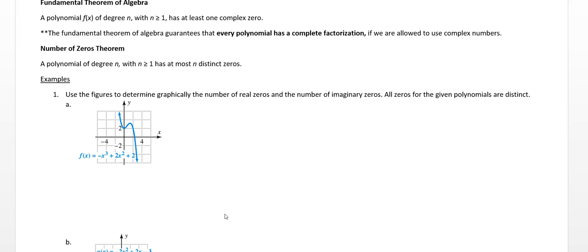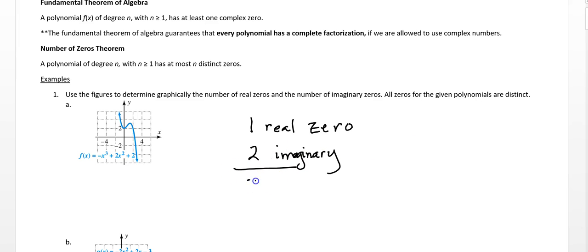So in this case, we would say that there is one real zero and two imaginary. But there are a total of 3 distinct zeros.